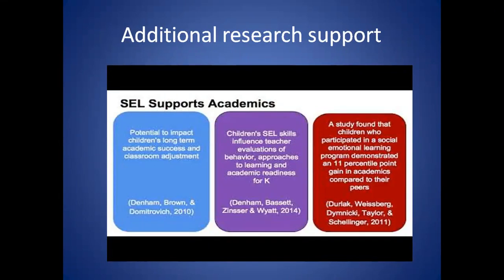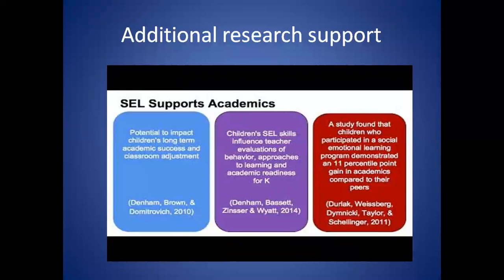Just a bit more research and then we'll get into how you do it. So there are 3 studies here, they're all listed at the end, but one showed that it has the impact to increase and improve academic success. A second showed that it helps improve teacher evaluations. Now, why are teacher evaluations important?